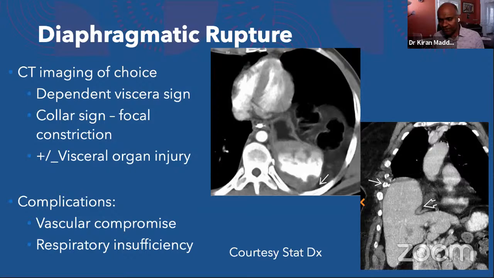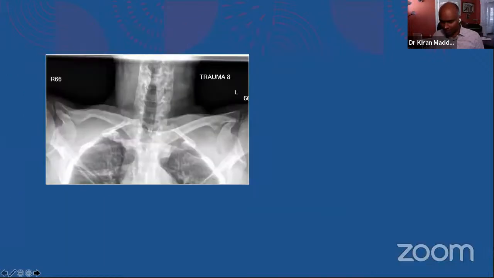The ruptured diaphragm tries to constrict the area of the herniating liver or bowel or whatever it may be. This is called a collar sign. And it is also always associated with a visceral organ injury. So it decides the entire management of the patient if you identify all the findings. And the complications of a diaphragmatic hernia, one is vascular compromise, and the other is respiratory insufficiency, which I was talking about, the abdominal contents causing significant pressure.